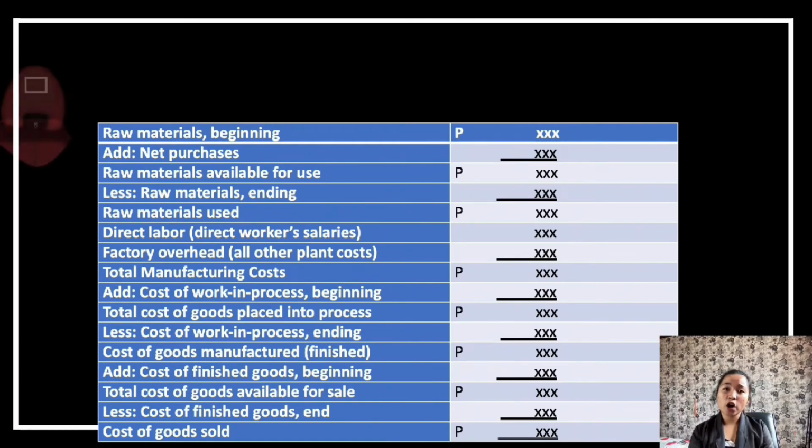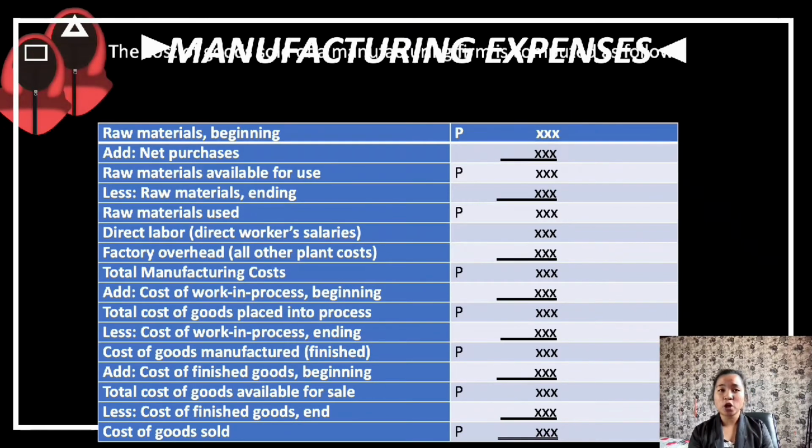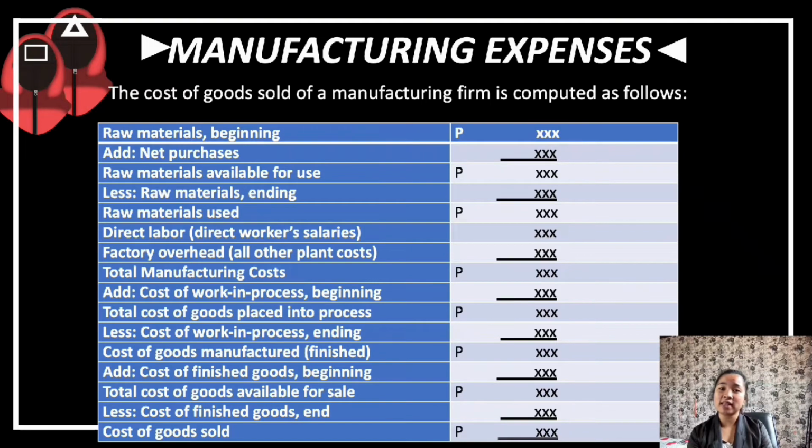Moving on to the formula in computation of the manufacturing expenses, the calculation for total manufacturing cost involves a detailed accounting for the cost of materials, labor, as well as the overhead. It requires a realistic analysis of a company's various departments to show their contribution to the manufacturing process and the cost of those contributions.